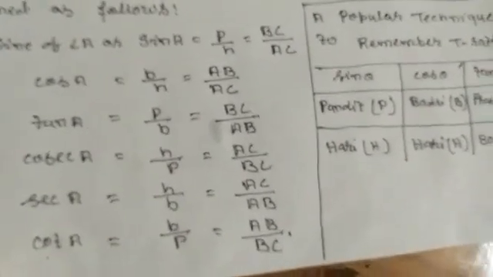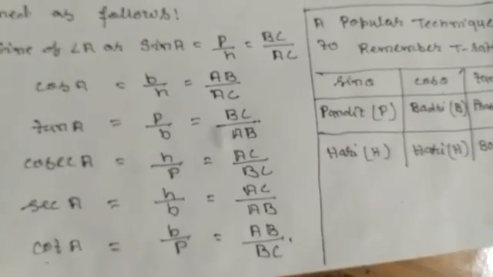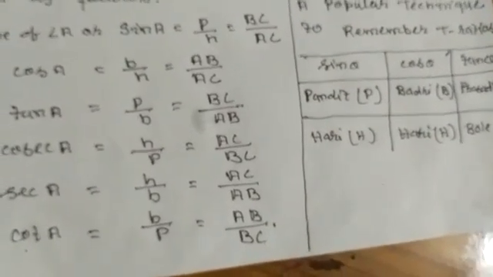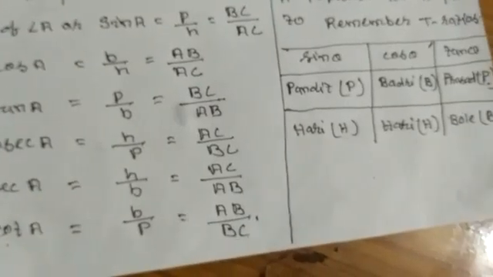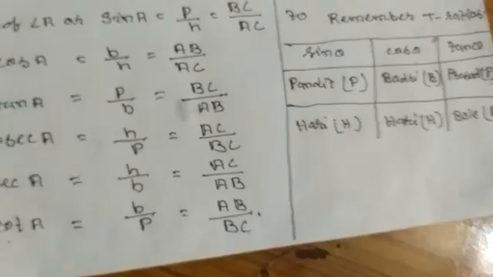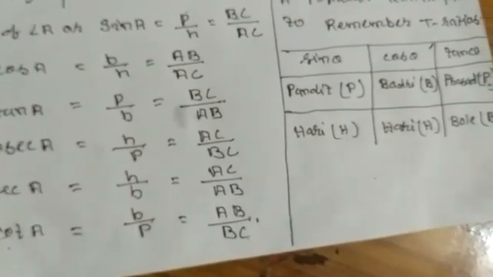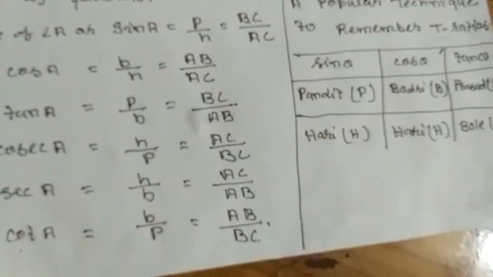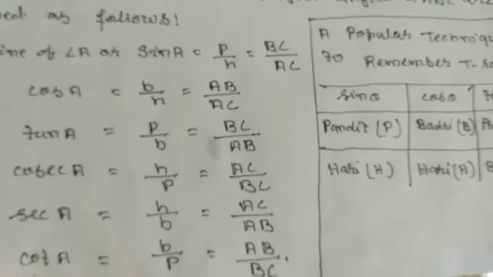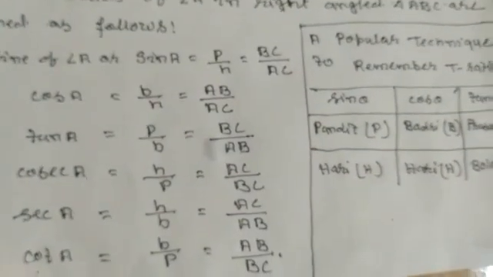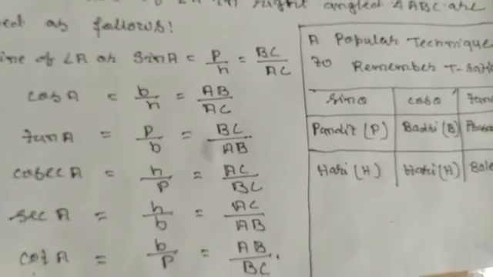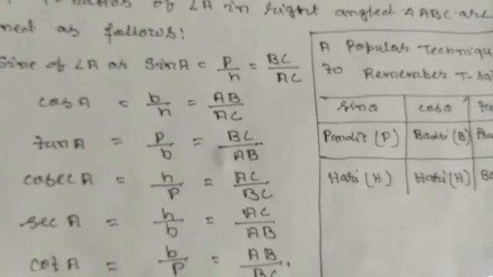Second, the value of each of the trigonometric ratios of an angle does not depend on the size of the triangle. It depends only on the angle. It does not depend on the sides or size of the triangle.